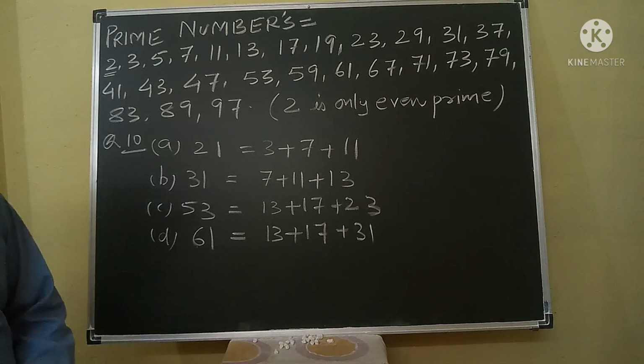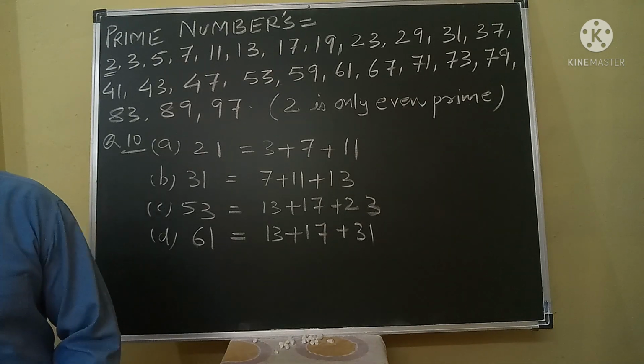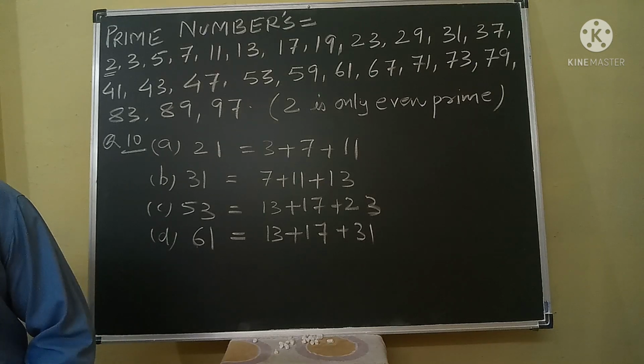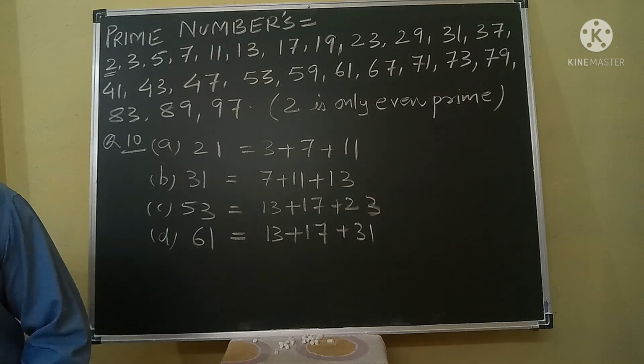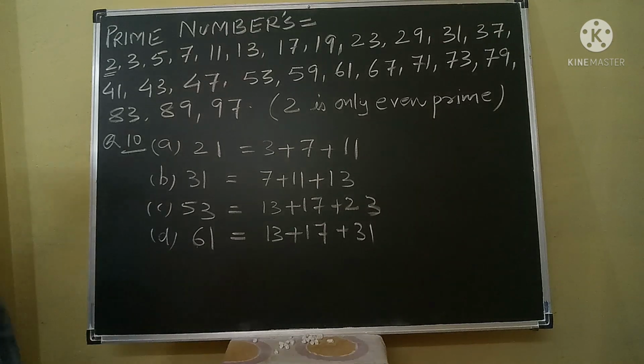Now in question number 11, write 5 pairs of prime numbers less than 20 whose sum is divisible by 5.